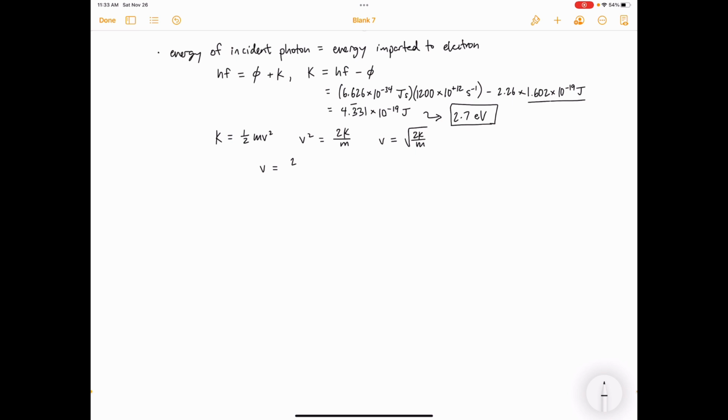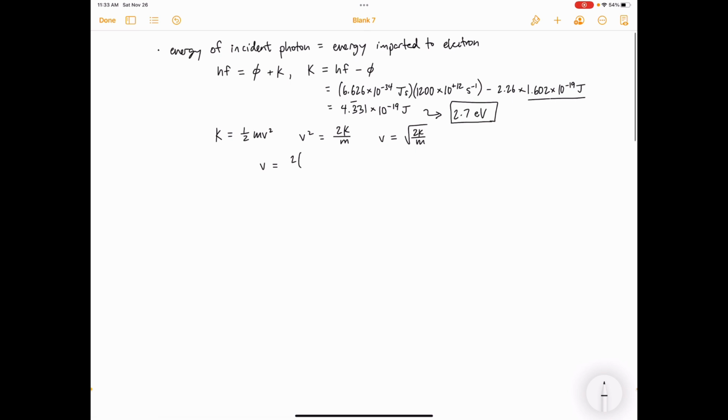So if we have 2 times K, that's 2 times 4.331 times 10 to the minus 19. This is in joules, so that's the same as kilograms, meters squared per second squared. That's what a joule is. And we're going to divide by the mass, which is, for an electron, 9.11 times 10 to the minus 31 kilograms.